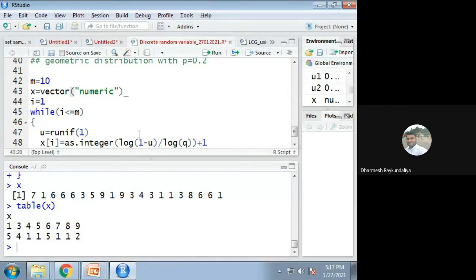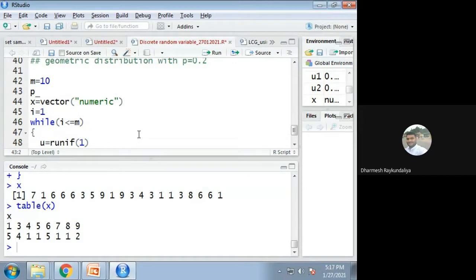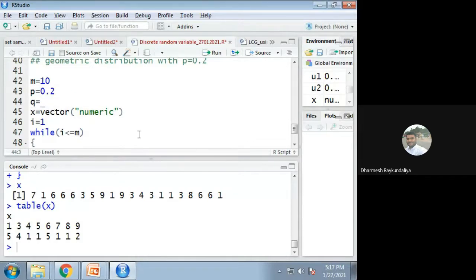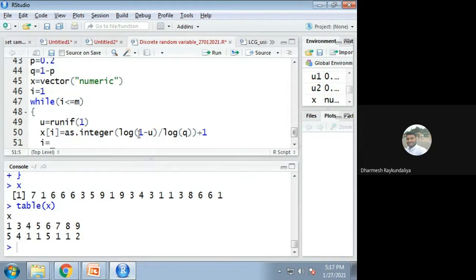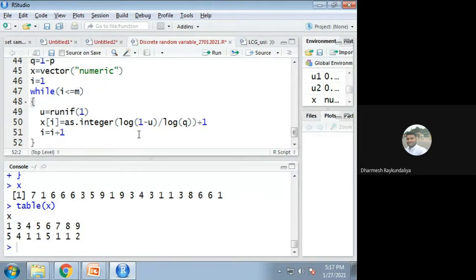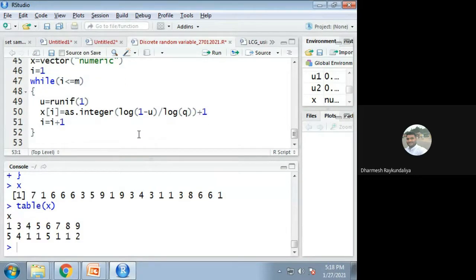What is q? We have to supply p equal to 0.2, so q equals 1 minus p, that is 0.8. Then i equals i plus 1, and x.